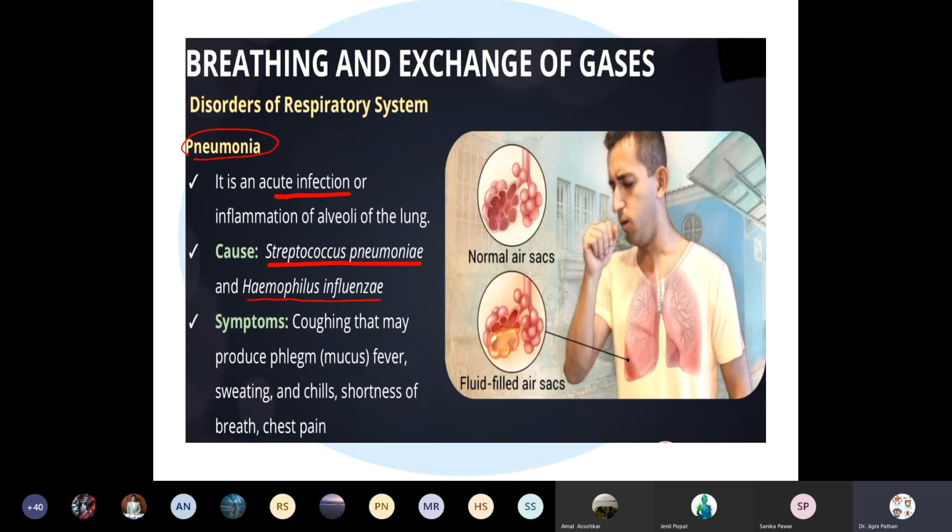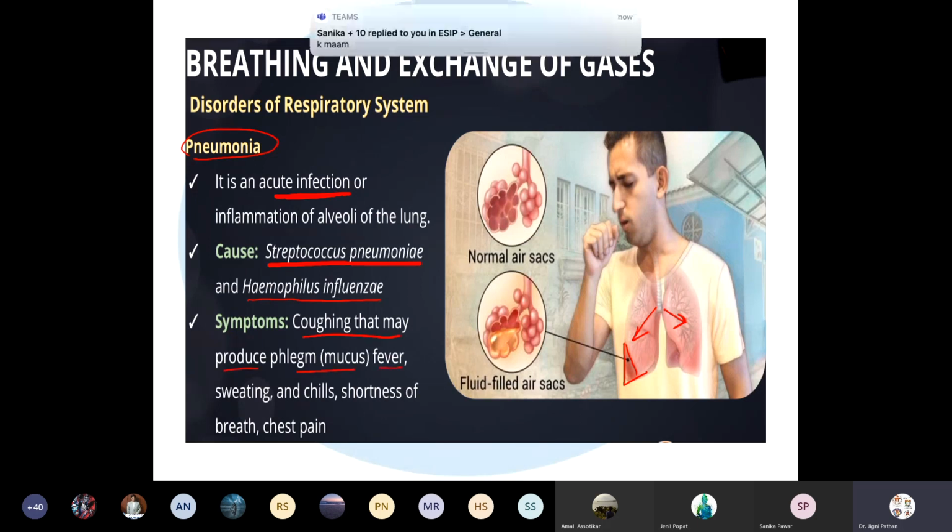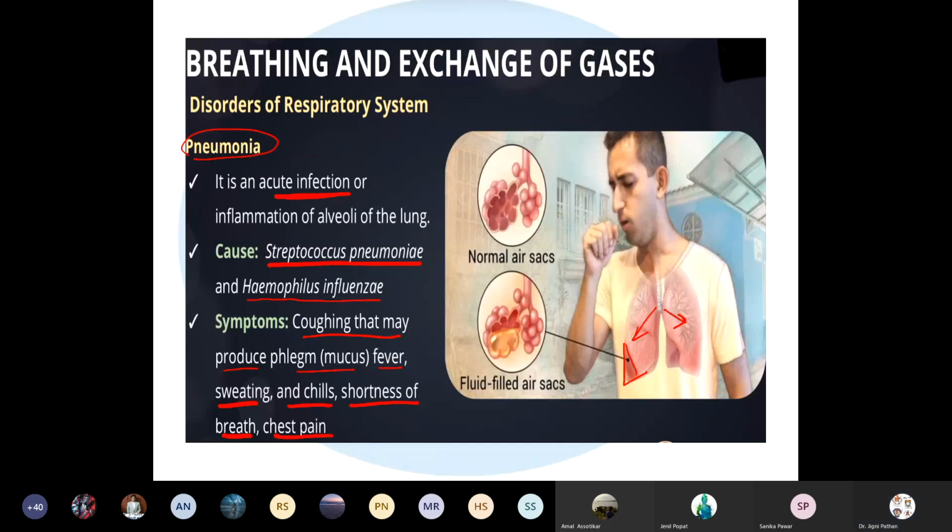It is an acute infection. Pneumonia infects the innermost layer of the lungs. The infection reaches into the lungs. Symptoms are coughing that may produce mucus, fever, sweating, chills, shortness of breath, and chest pain. It's very common to confuse it with a cold, but in a cold only the upper respiratory tract is infected.